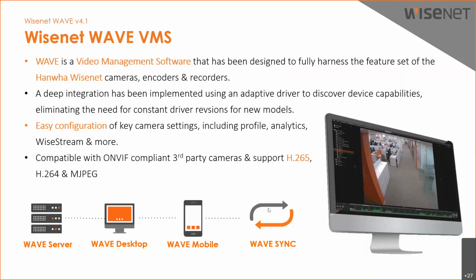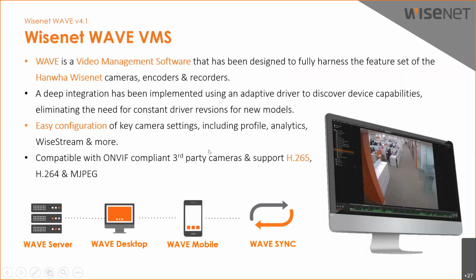It's a kind of DDNS. Once you register your system to the WaveSync website, you first have to make your own account, and you can connect all your systems to your account. Once you log in to the WaveSync website, you can connect to your systems.